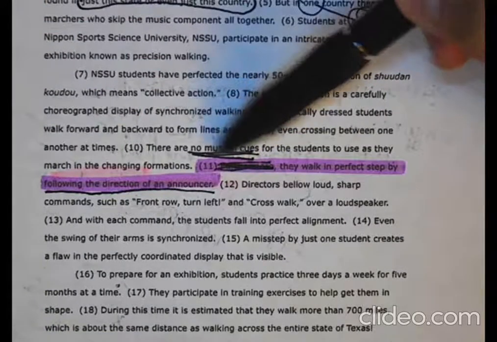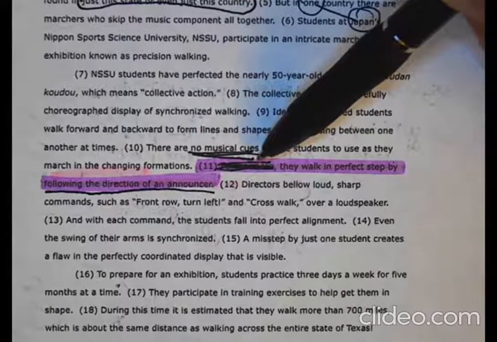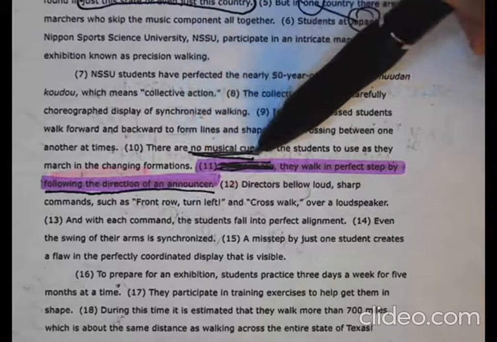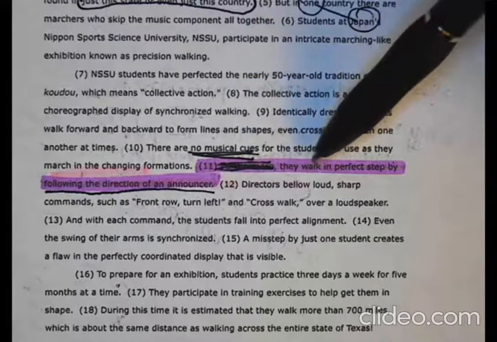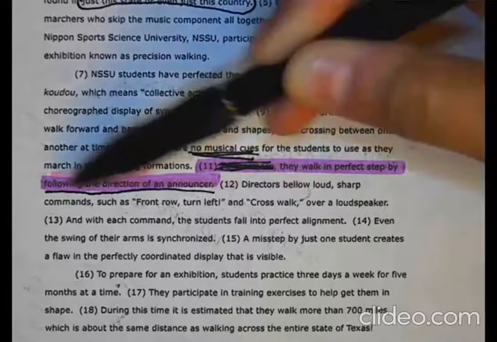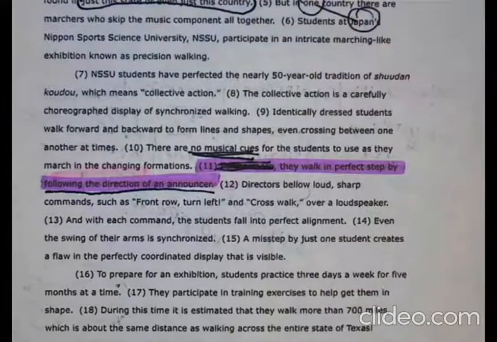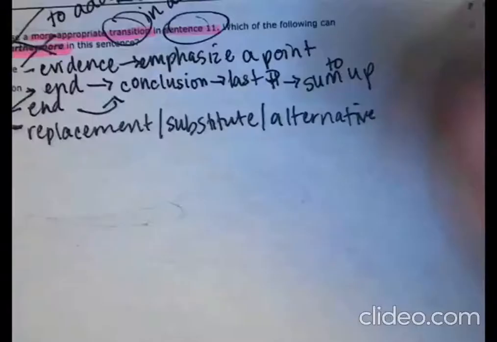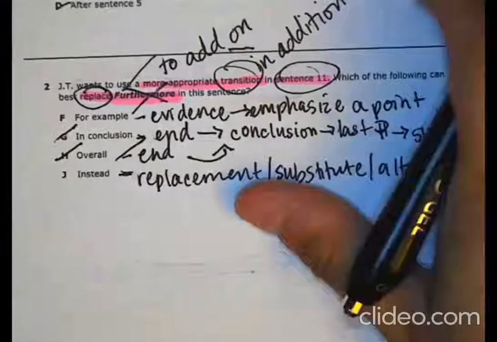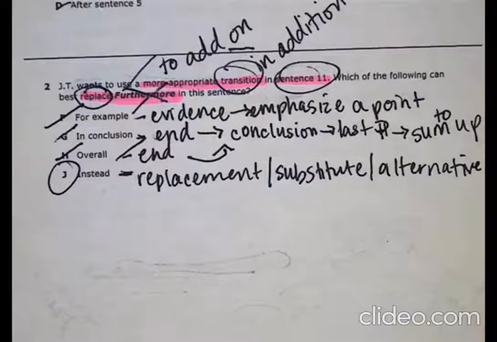It says no musical cues. They don't use musical cues, but in reality, instead, they walk in perfect step by following the direction of an announcer. So here we would see that they're saying it's not this, but this. So the best answer here would be J.